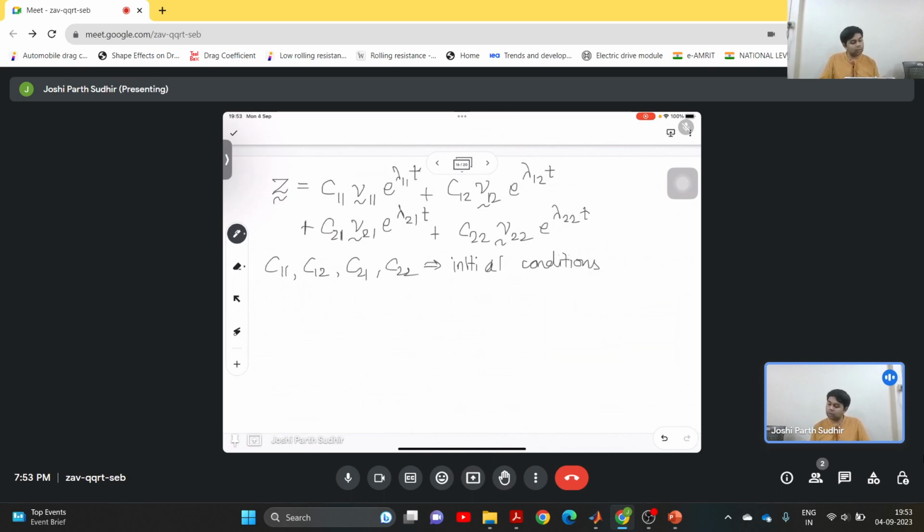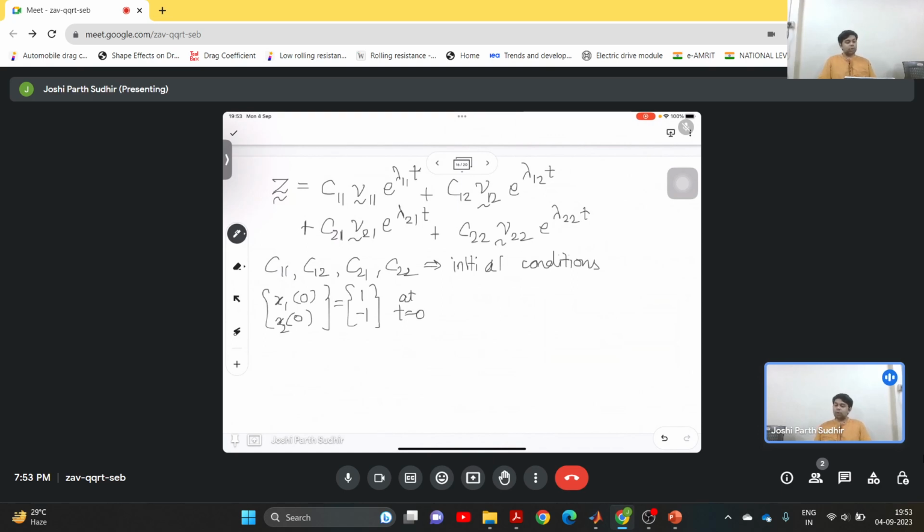So here we have been given that x1, x2 have been given as 1 and -1. So at time t equal to 0, x1 and x2 are 1 and -1 at t equal to 0.